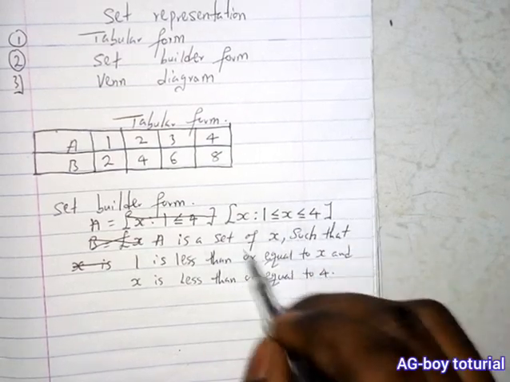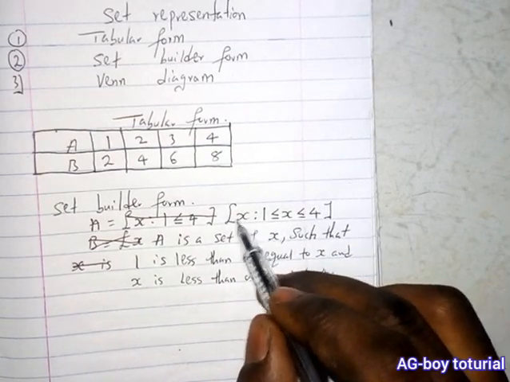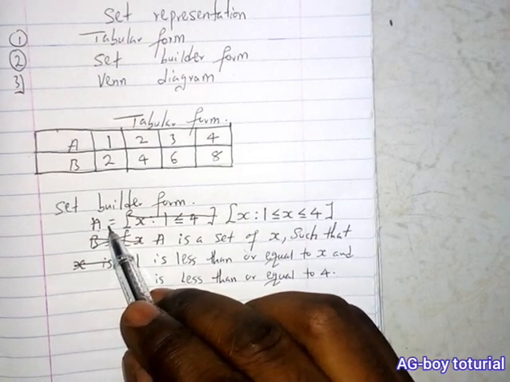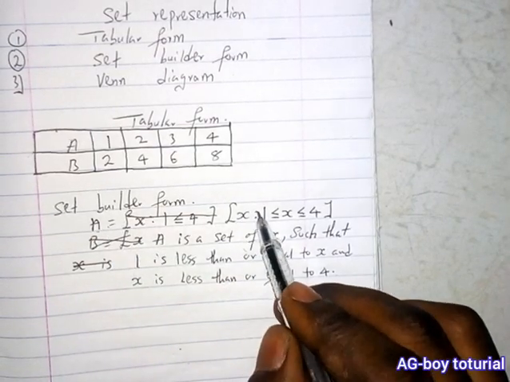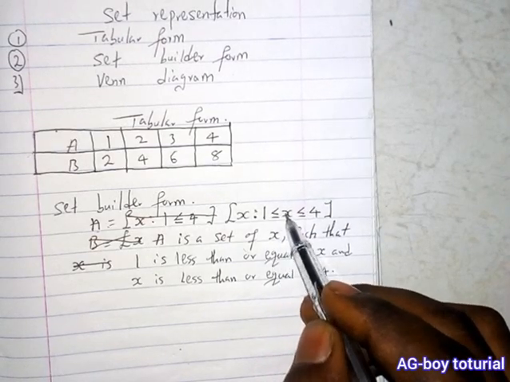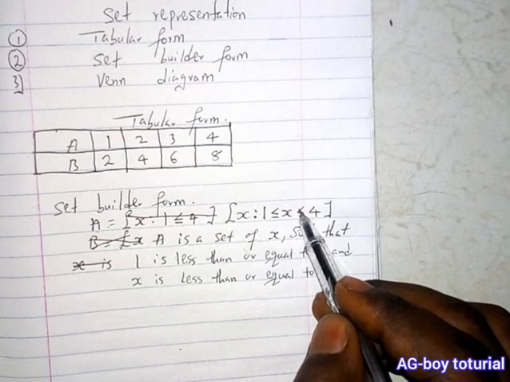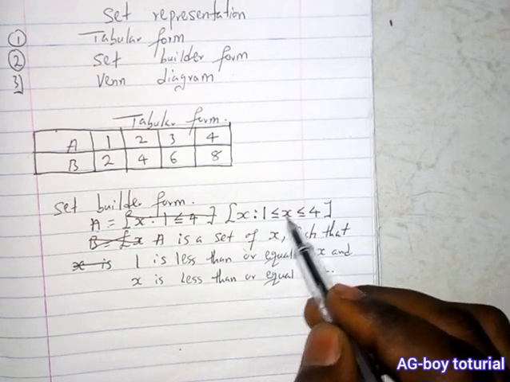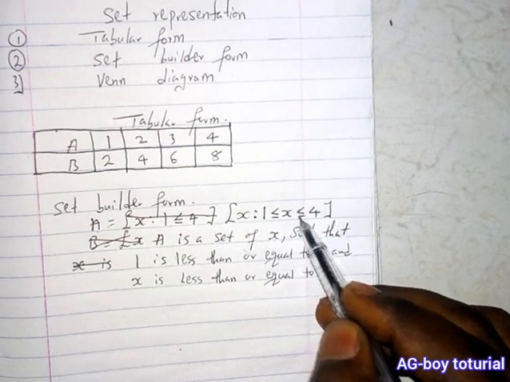So that's the meaning of this: A is a set of x such that 1 is less than or equal to x, and x is less than or equal to 4.